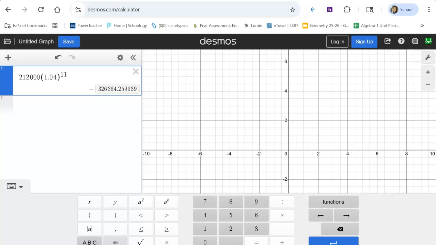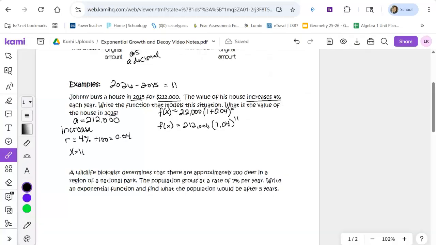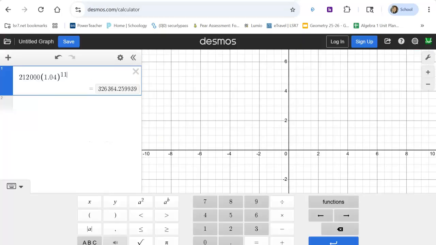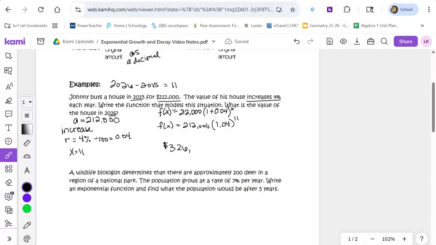It is extremely important you have the parentheses around it, and if you're not using Desmos, you're using a regular calculator, I'll show you what button to look for. So this is 326,364.26, and then that's your answer.